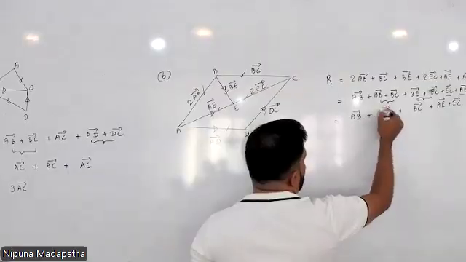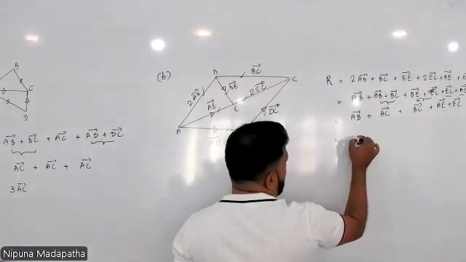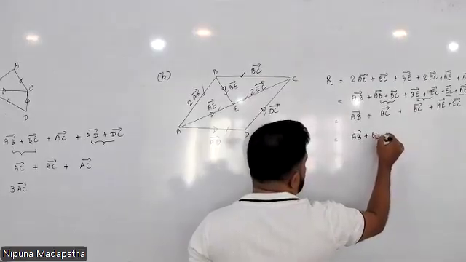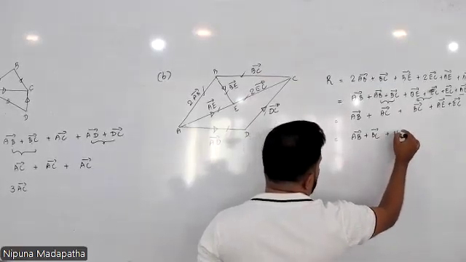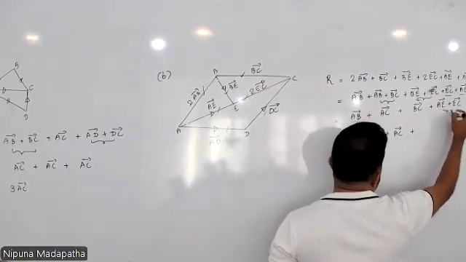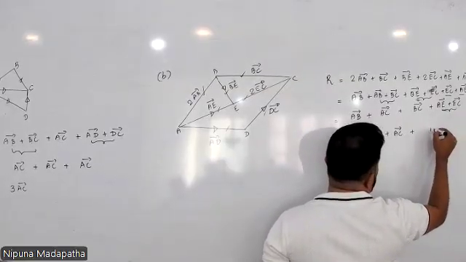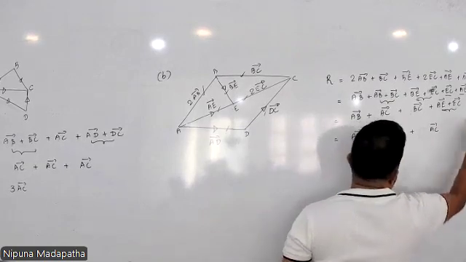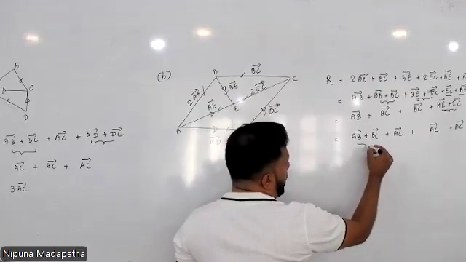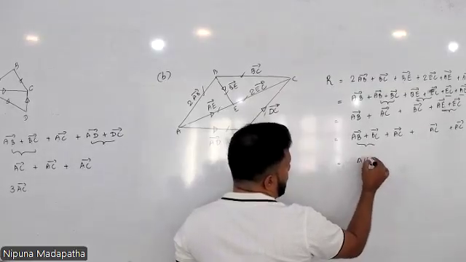Now take this AB and BC together. AB plus BC, another AC here. AE plus EC is AC, another AC there. AB plus BC, AC.